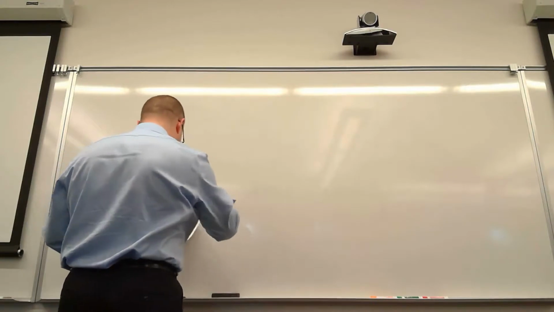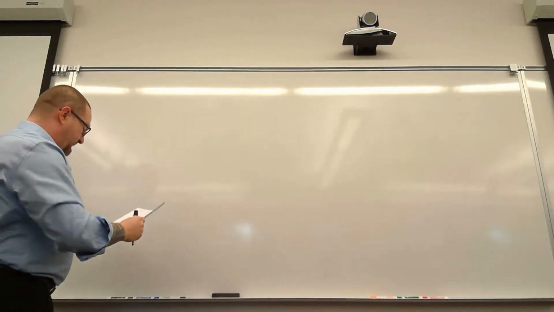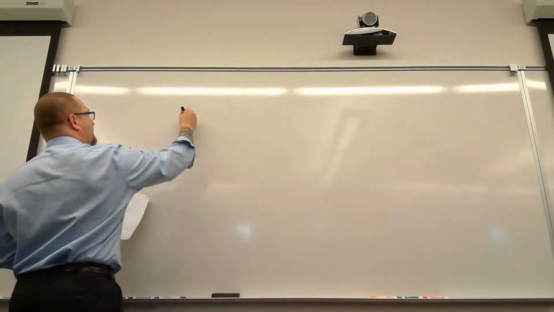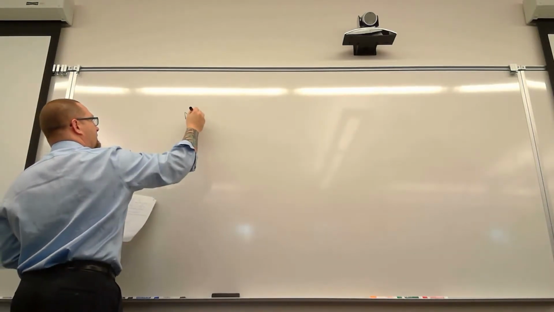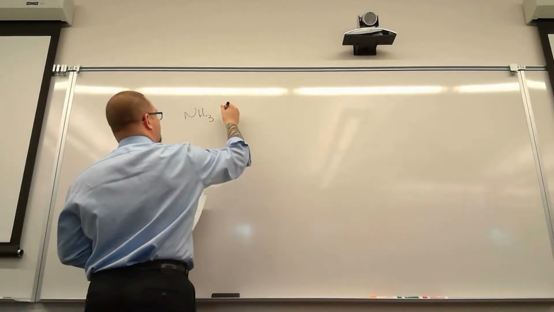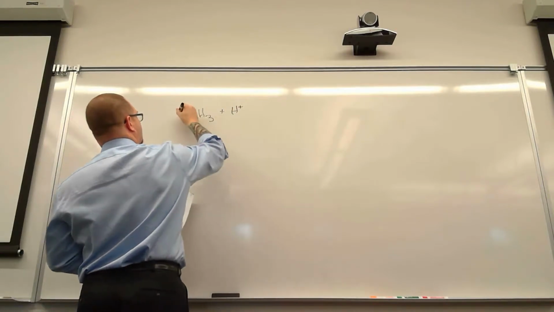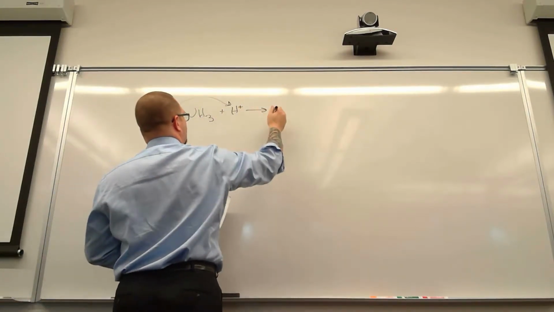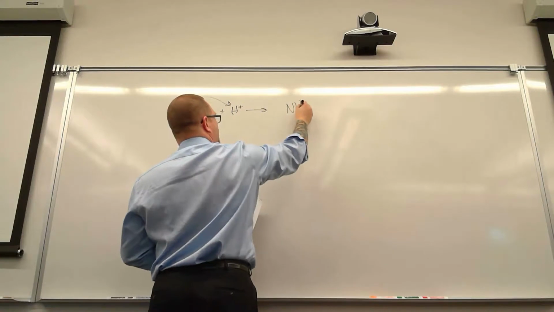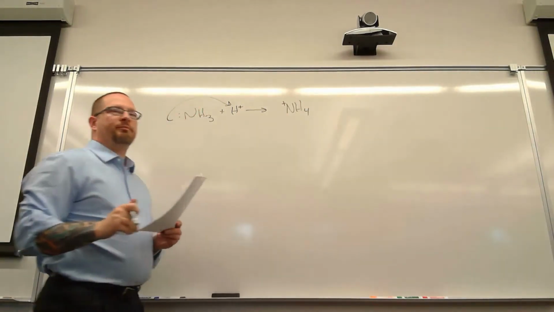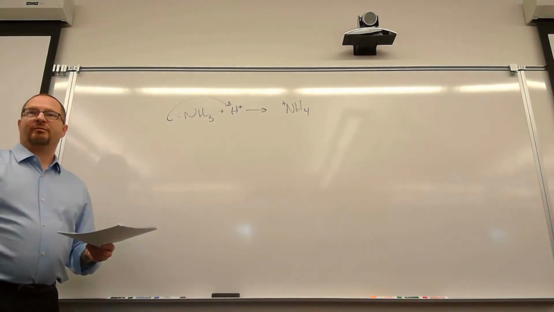It's really common for amines to accept a proton, just like it's really common for ammonia to accept a proton, forming ammonium. Amino groups are very similar in that regard.